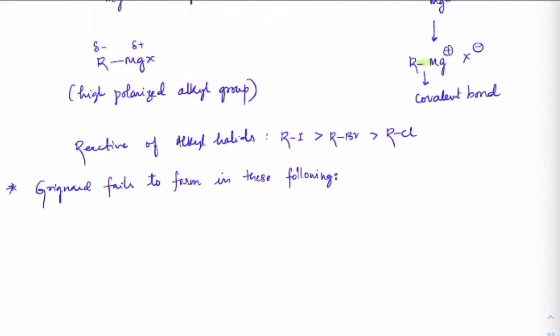So there are certain cases in which Grignard reagent can't be formed at all. Suppose you take CH2=CHCl, which is a vinylic halide, and treat it with magnesium in dry ether. This reaction won't take place, since magnesium cannot break that carbon-chlorine bond because of its partial double bond character.